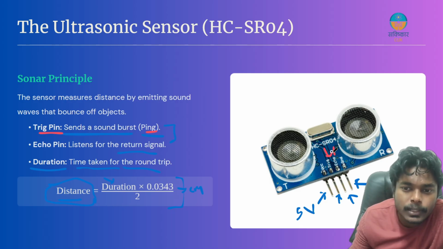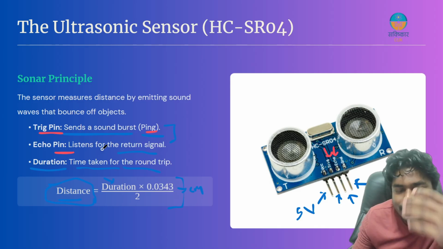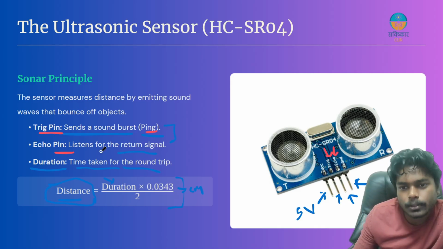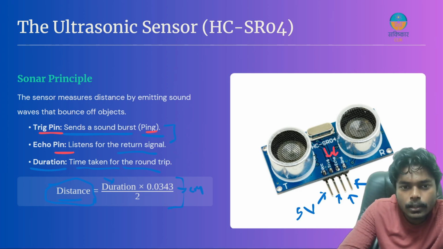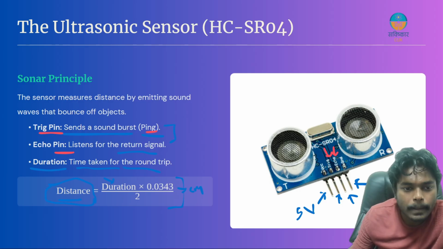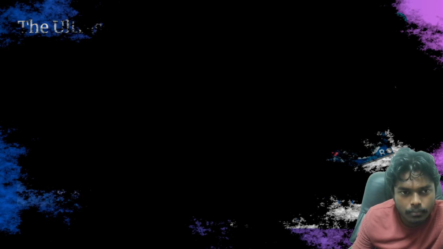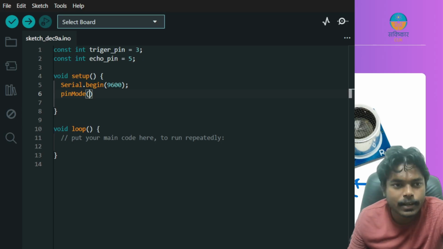And the echo pin, we will take it as the input pin, because it will listen to the sound wave which is coming towards us. So it will be our input. So let's define it.